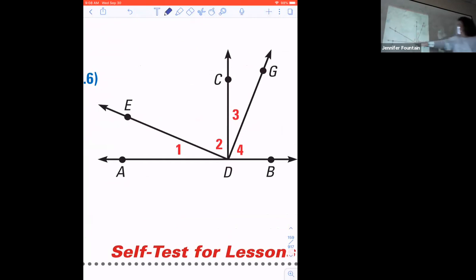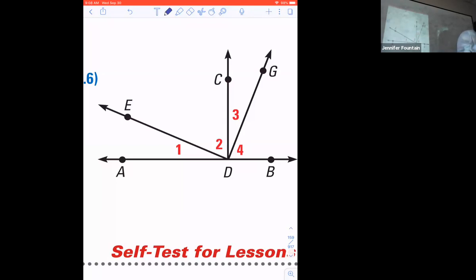So if those are perpendicular and angle 1 is 23 degrees, then what is angle 2? 67 degrees. Because I know this is 90 degrees. So 67 plus 23 is equal to 90. Very good.